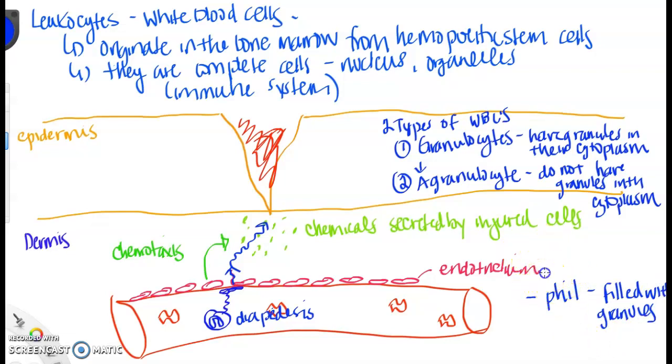If the name does not end in -phil, it is an agranulocyte. So a monocyte or a lymphocyte, those are not granulocytes. Neutrophils, basophils, and eosinophils are granulocytes. And that's how you know the difference, because granulocytes are filled with granules.